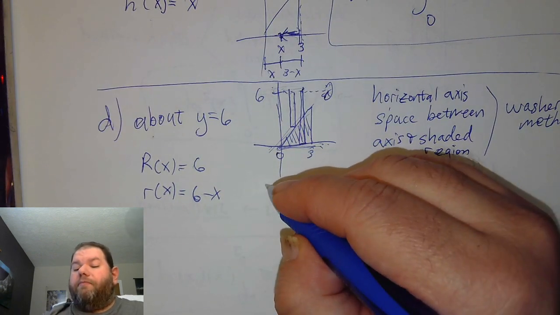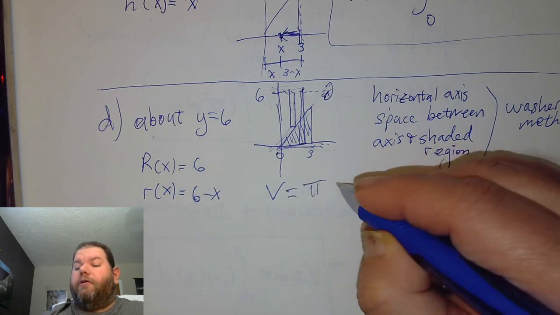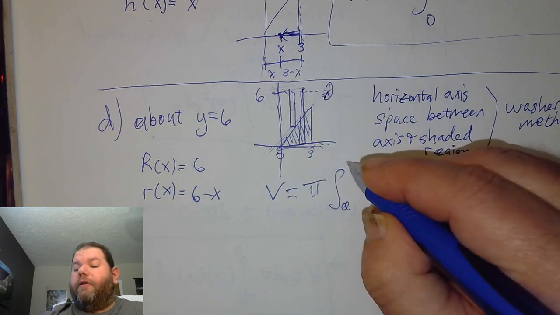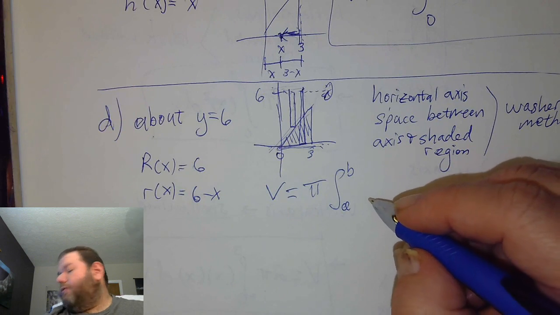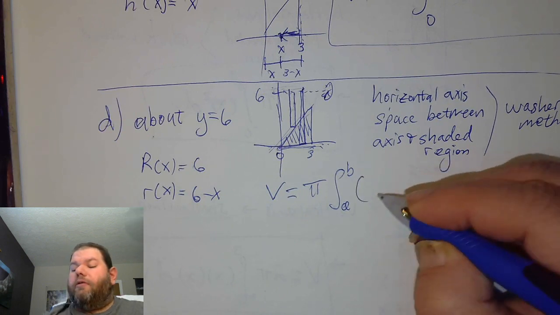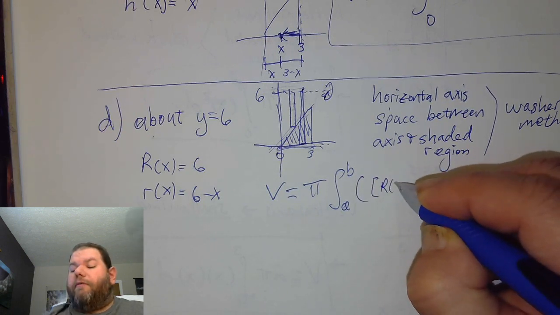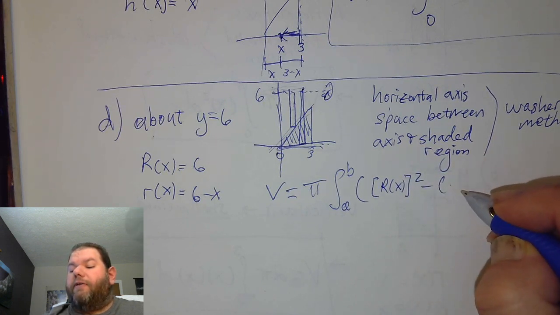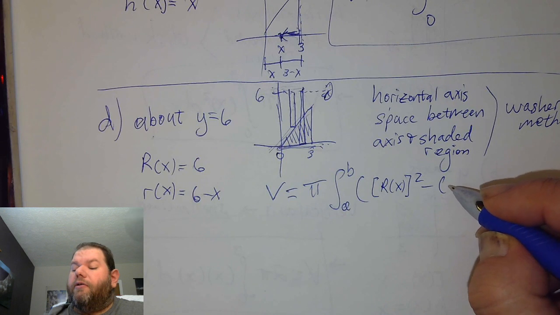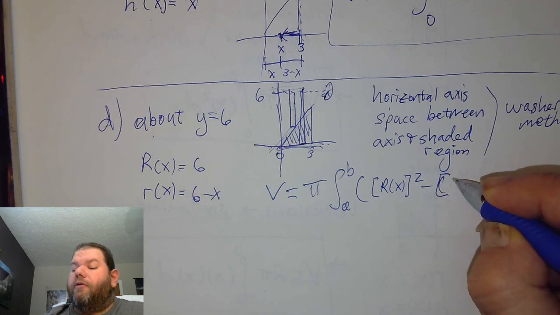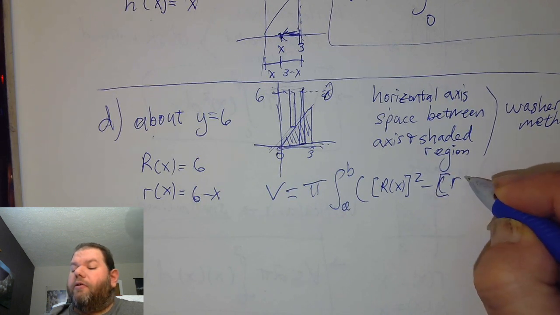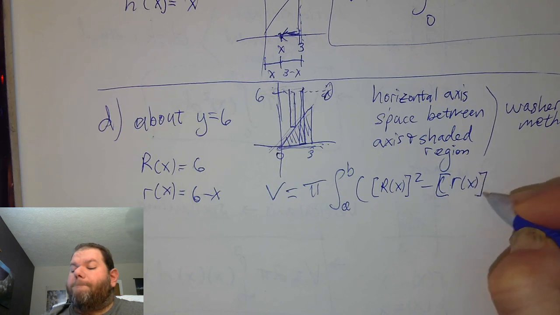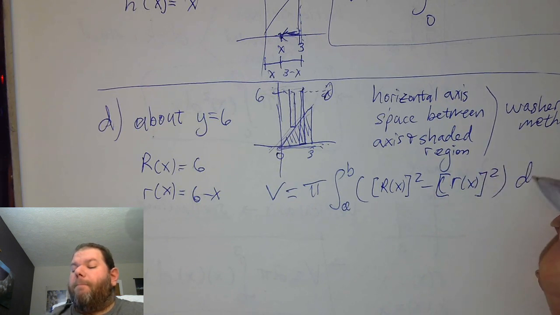So our formula is pi times the integral a to b, and we'll use capital R of x squared minus little r of x squared, dx.